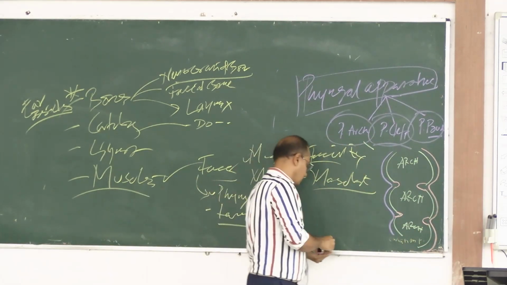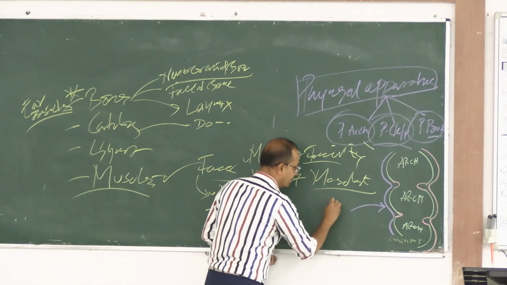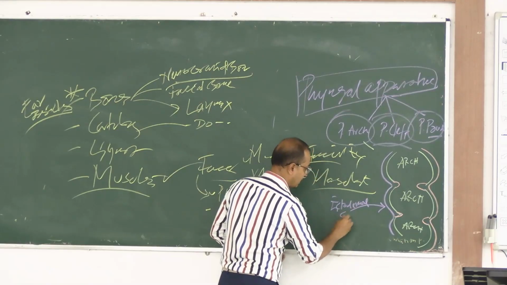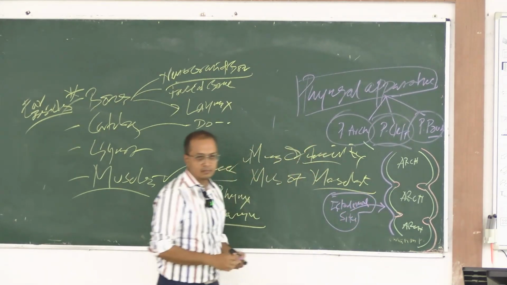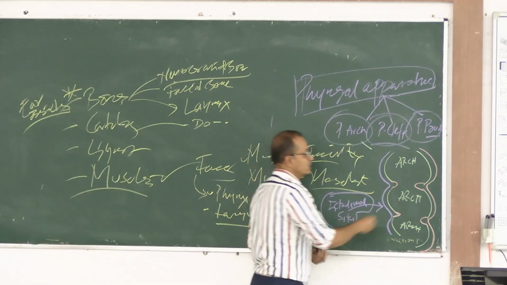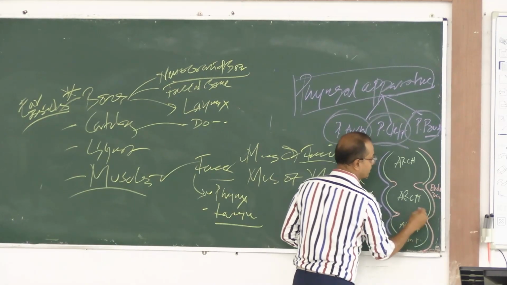Now this one, which is an outer side, we call the ectodermal side. Ectoderm means that is the skin feeling side. This is the skin side, and this pink, which is endoderm side.